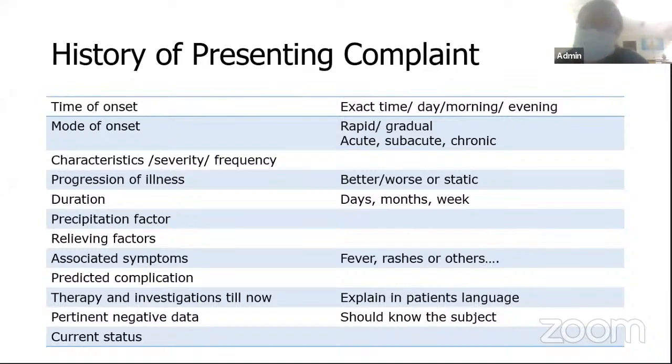Most of the things can be asked even when you don't know in detail about the subject, but only if you know in detail will you be able to elicit the most important negative data or the complications. At the end of the history taking, you have to state the current status of the patient also.